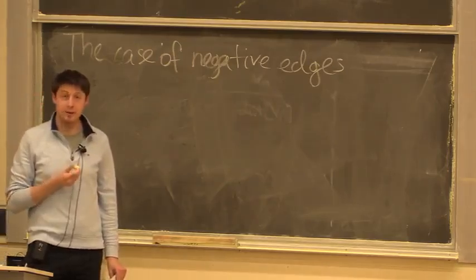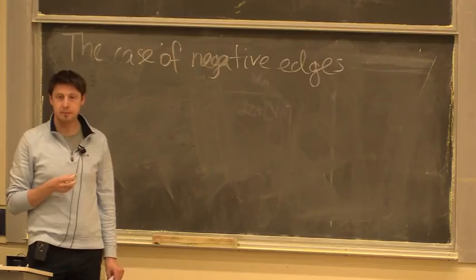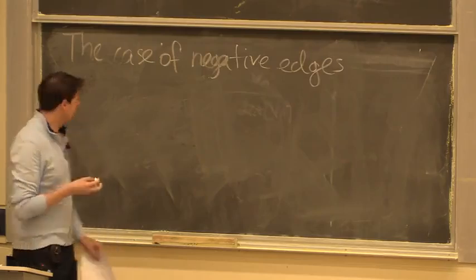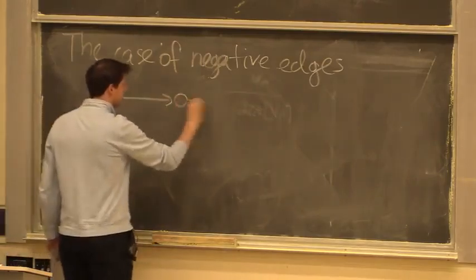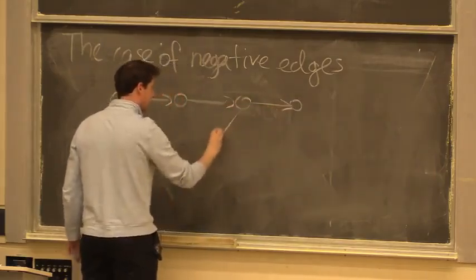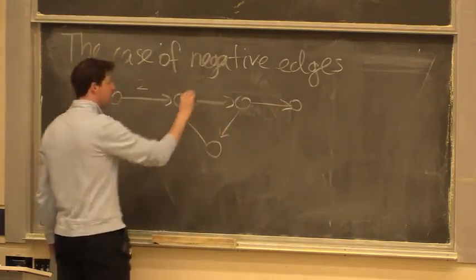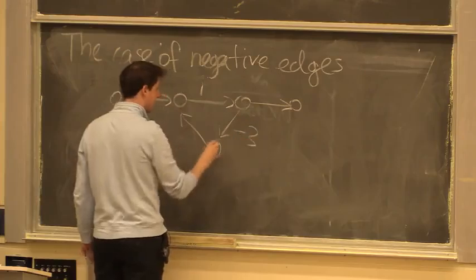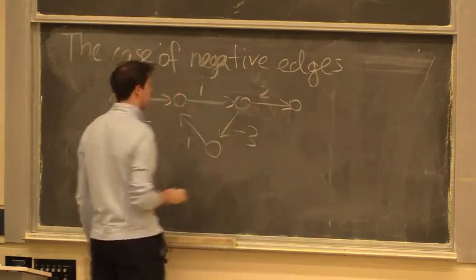Okay, so one remark is if you have a negative cycle, it doesn't make sense. Yeah, I agree. So what is a negative cycle first and foremost? Let's say that you have a graph that looks like this, and you have, I don't know, 2, 1, minus 3, 1 again, and then 2 again.